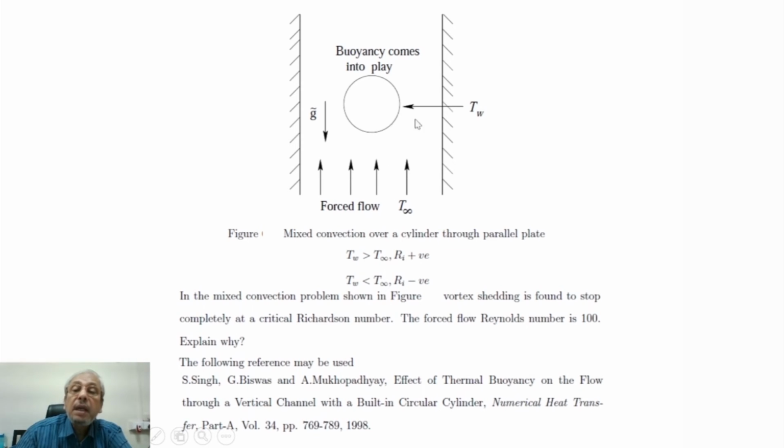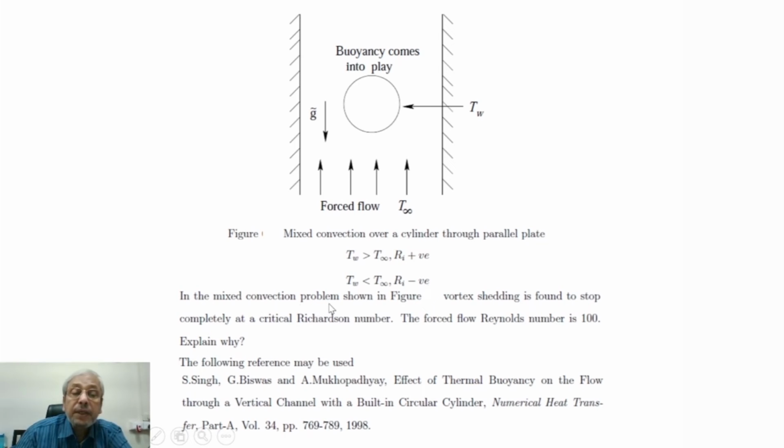Now when the temperature of the cylinder is greater than the temperature of the flowing fluid, then the Richardson number is positive. And when the temperature of the cylinder is less than the temperature of the flowing fluid, the Richardson number is negative.